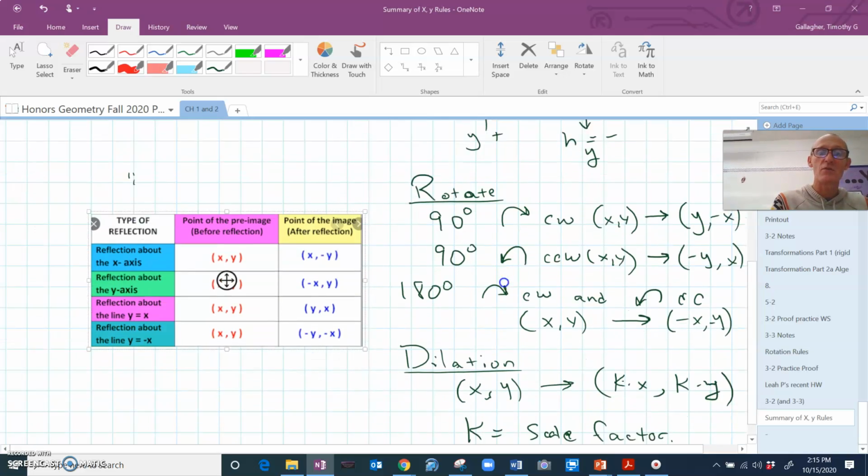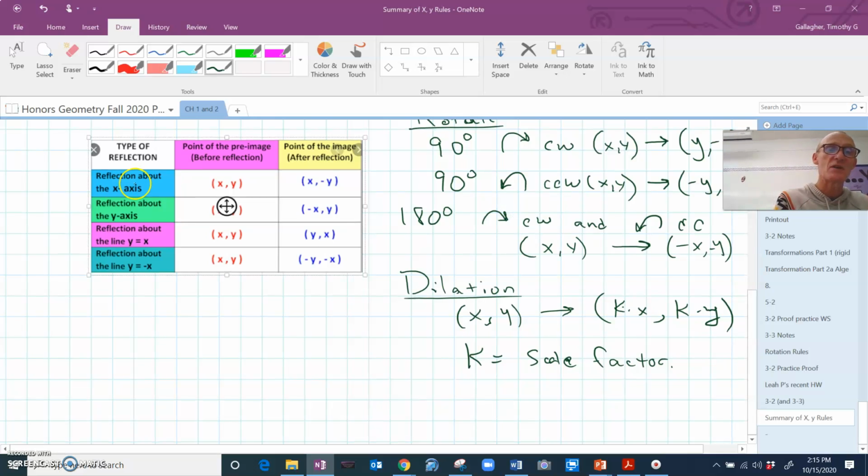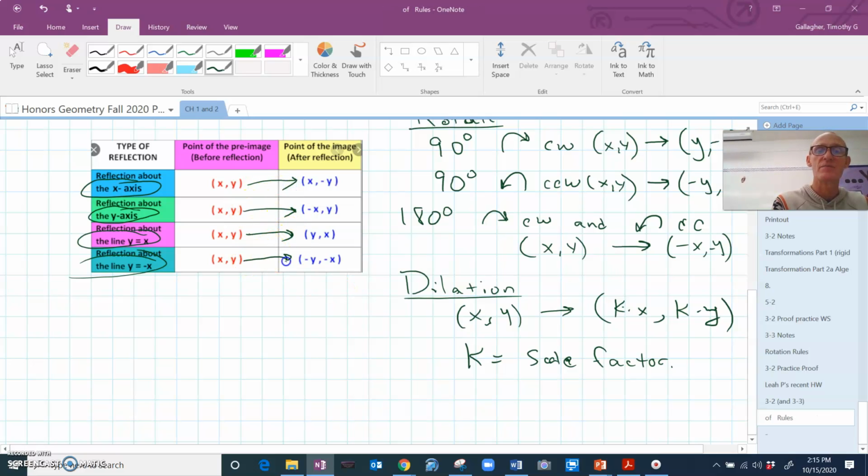Our rotation was there. Reflection is about the x-axis, the y-axis, the line y equals x, and the line y equals negative x. Your pre-image is here. Your image is across the table. Okay, so the line y equals x is this line here.